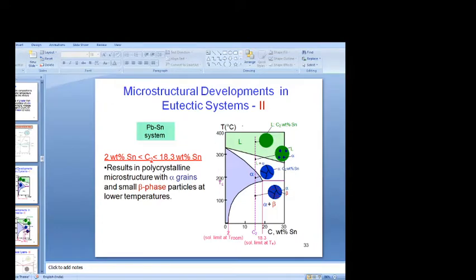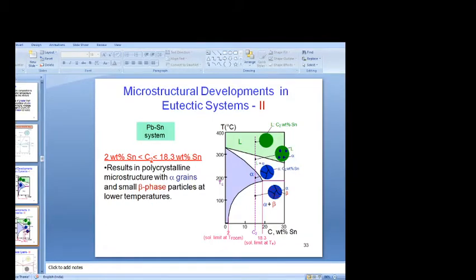So the fourth and final microstructural case we will see shortly. Before that, you can see the combination of these binary systems taking place in these micrographs. We are trying to understand this eutectic system again.